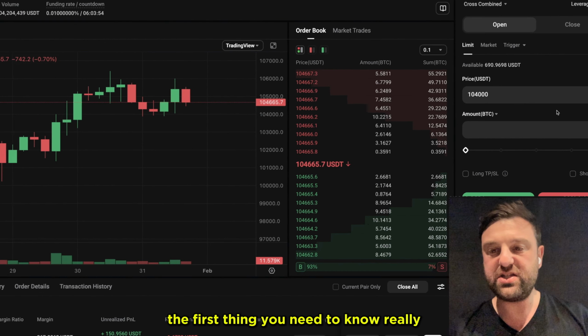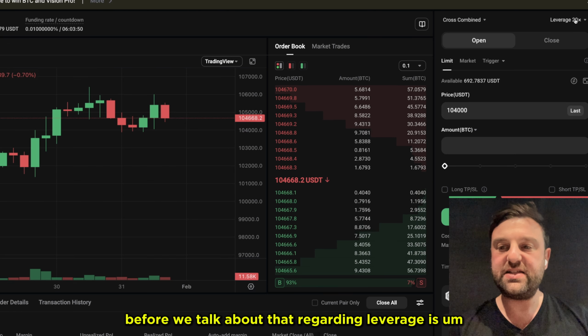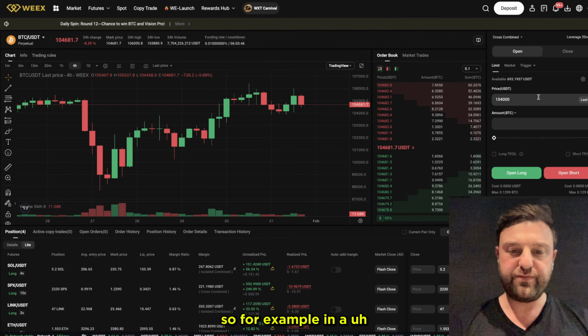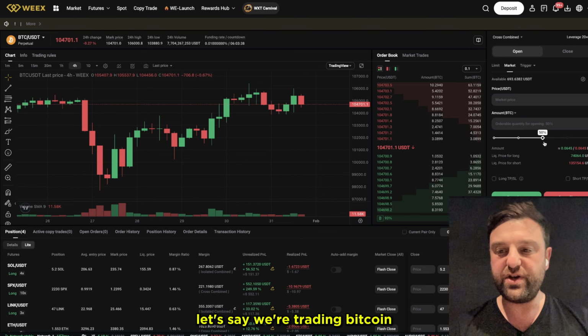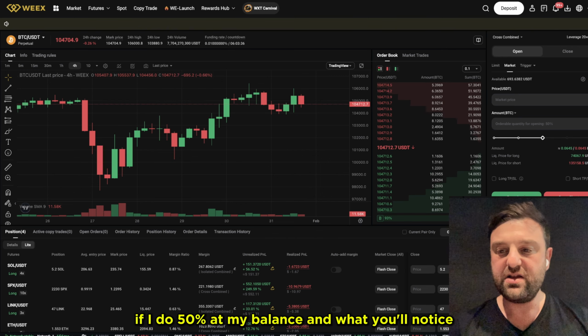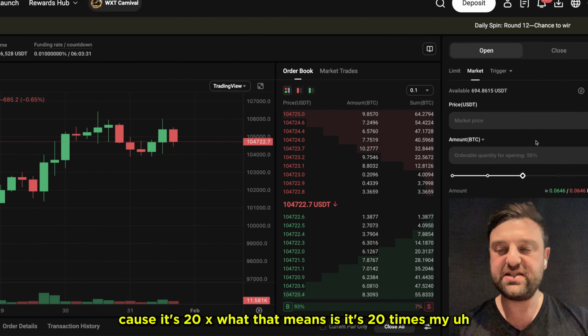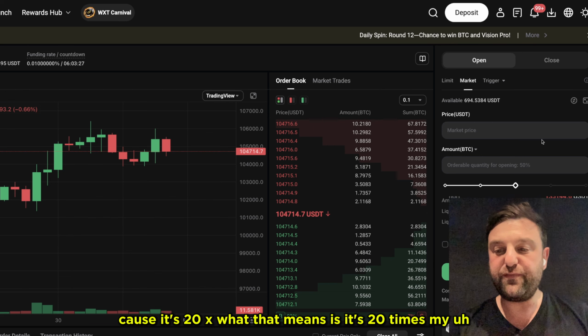The first thing you need to know really before we talk about that regarding leverage is how much leverage to apply. So, for example, in a market order trade where we can enter immediately with 20x leverage, let's say we're trading Bitcoin, if I do 50% of my balance, and what you'll notice, because it's 20x, what that means is it's 20 times my available amount.